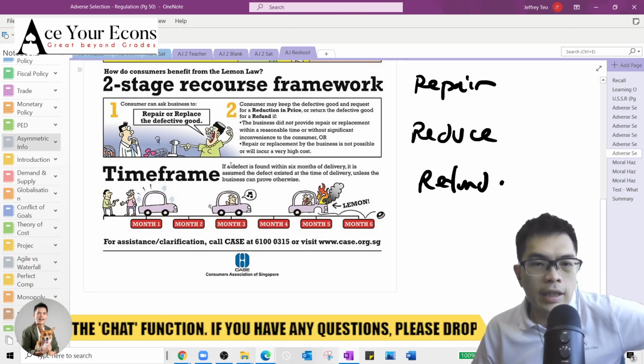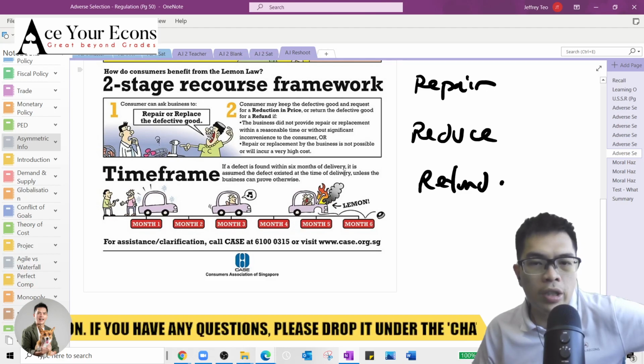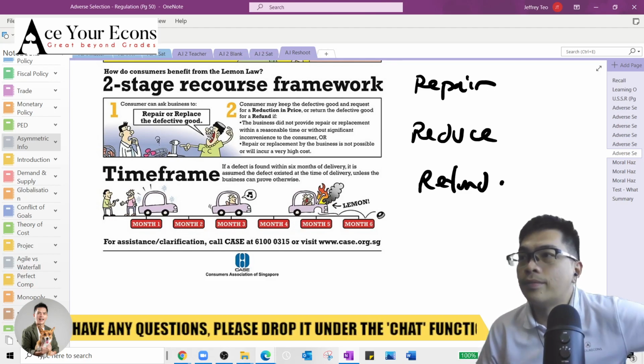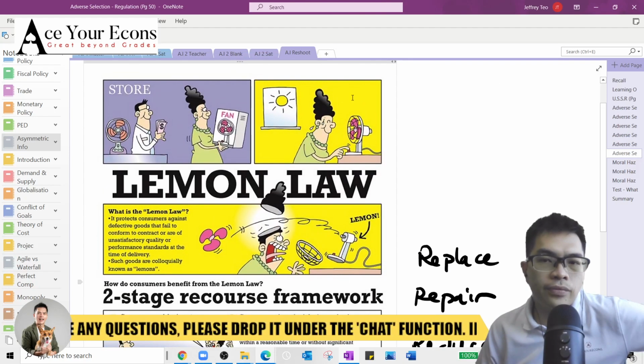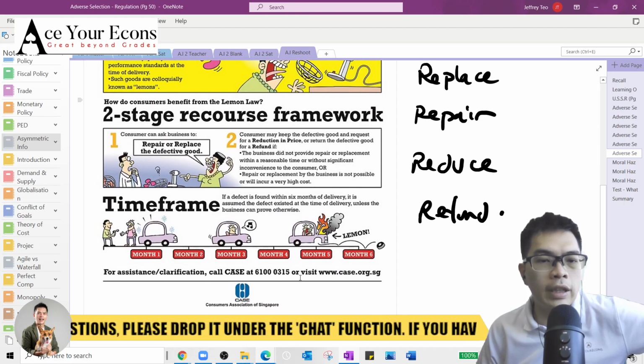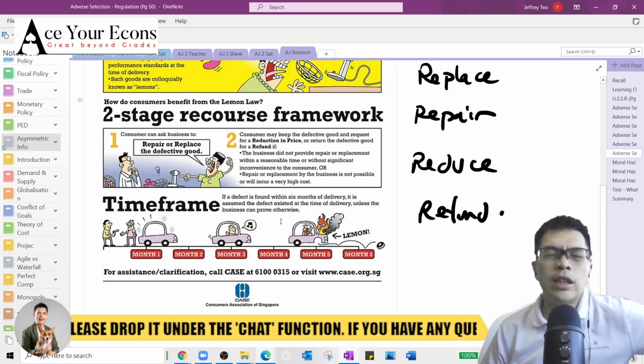So you can see that there's a time frame also. If the defect is found within 6 months, then it's reasonable to assume that the defect exists at the time of delivery, unless the business can prove otherwise. So when they take the producers to case, they will have to settle.